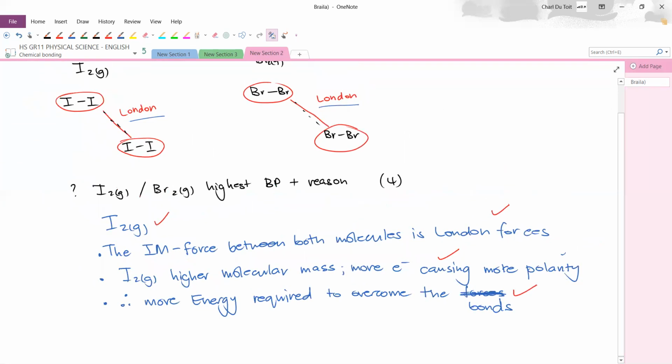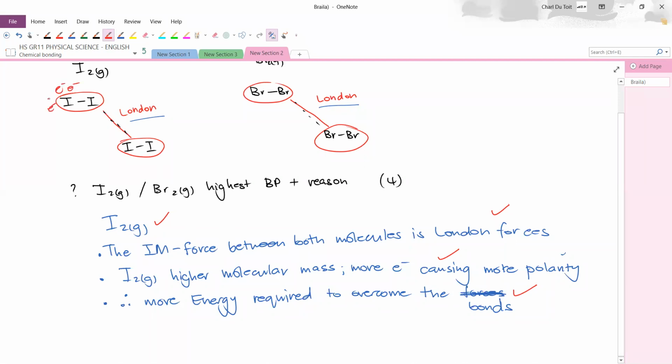So the higher molecular mass means that iodine's got more electrons around each of those atoms than bromine. More electrons means that there are more electrons that can move to the one side of the molecule, causing a bigger polarity. A bigger polarity means that those 2 iodine molecules will attract one another stronger than the bromine. Iodine has got 53 electrons and bromine only has 35. So there's 53 electrons times 2 that can move around in the iodine molecule.